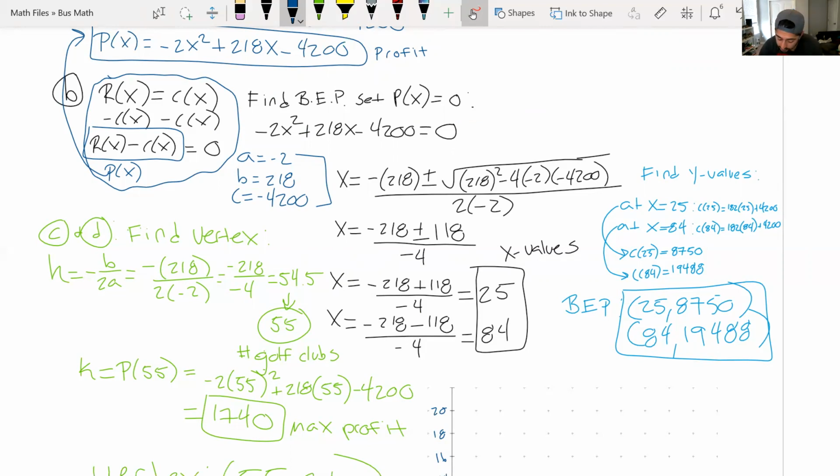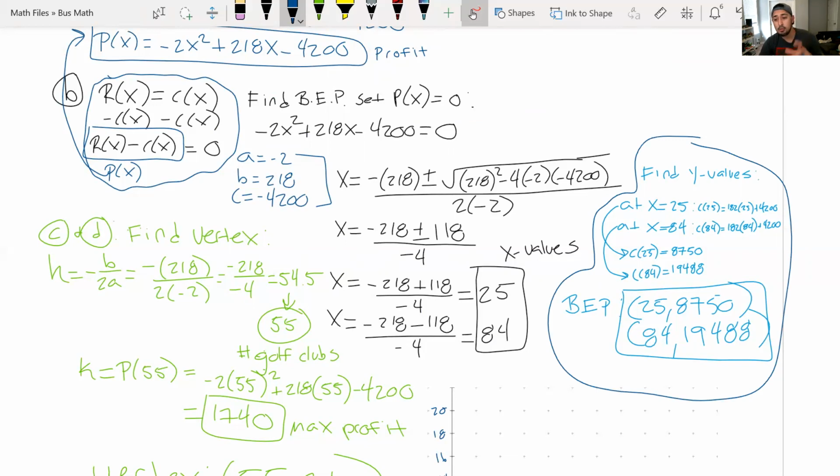Now, what you see over here on the right side is how to find break-even points. This means we take the x values and plug them into the revenue or cost function. So this is where the revenue and cost function intersect. Now, here's where the confusion started, because it said graph profit. It didn't say graph revenue and cost function.